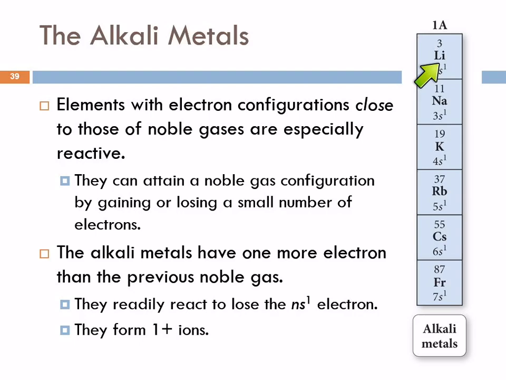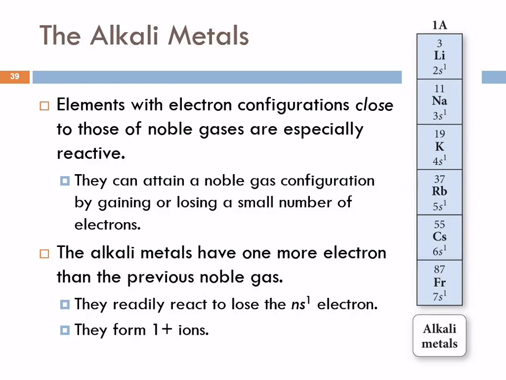So lithium, I'm looking up at the periodic table and trying to find my pointer. It's not on there because I'm looking at the wrong thing. Lithium has 1 more electron than helium, right? Sodium has 1 more electron than neon. These alkali metals all have 1 valence electron.